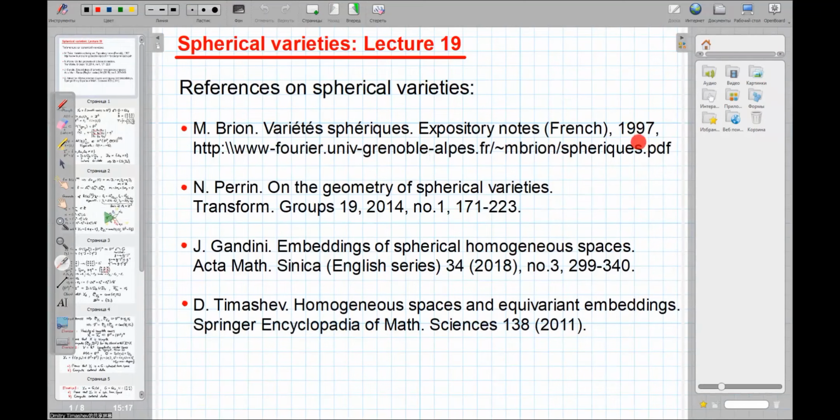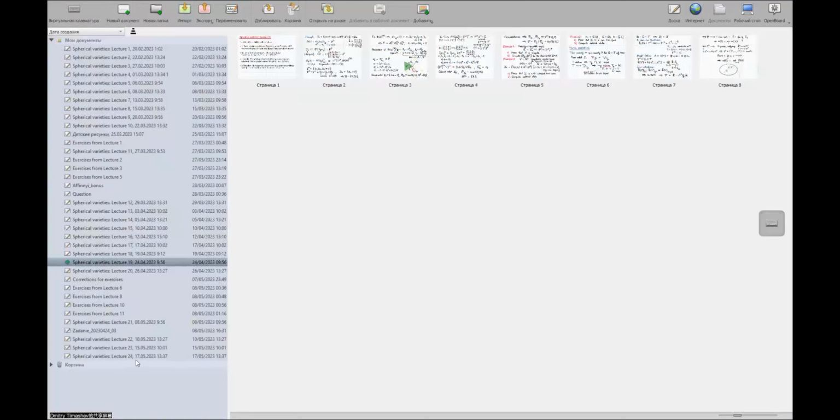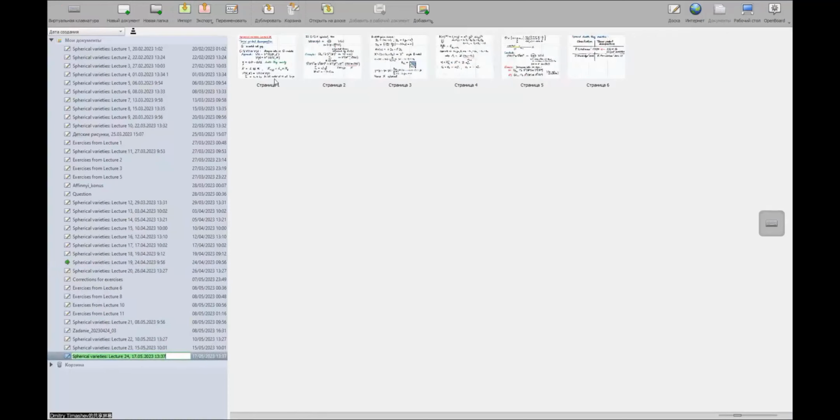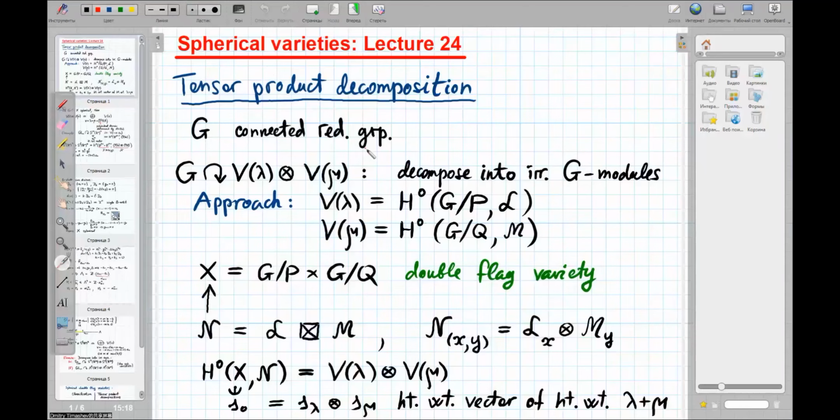For instance, the first one, and maybe this third one, and the others are of more survey type. So if you feel yourself already skilled in this theory to some extent, then I advise you to go to the paper of Perrin and the references there, and you may also look in my book, but as I said before, it is more general. Anyway, I hope that this lecture course was interesting and useful for you.